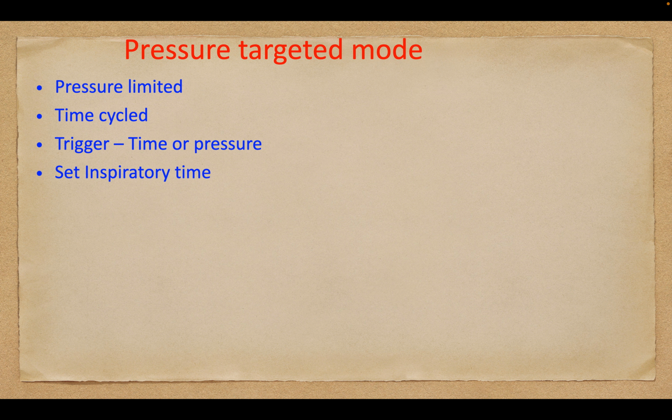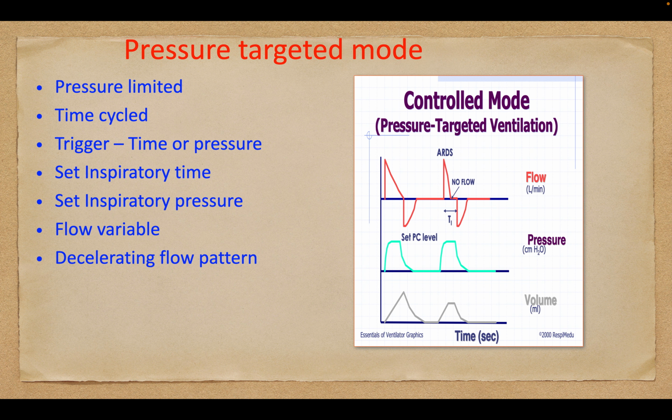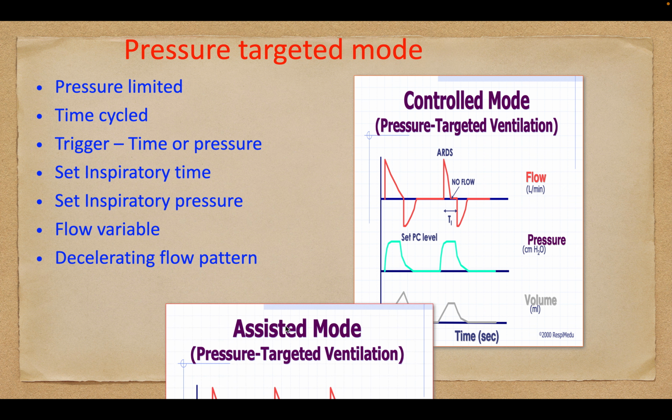Similarly, the pressure targeted mode, where the pressure is limited, time is cycled, and the trigger is either time or pressure. You set the inspiratory time and the inspiratory pressure; it is flow variable with a decelerating flow pattern. Here, this is a flow versus time graph, or scalar, where you could see a decelerating flow. This is pressure versus time, and this is a set pressure, so you could see the uniform pressure tracing, and the volume is variable because it is a pressure targeted mode.